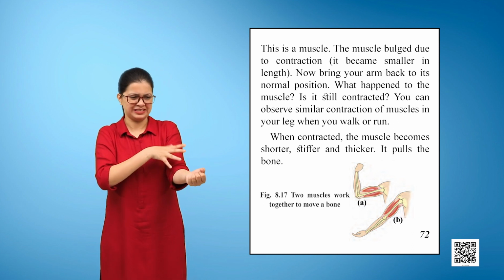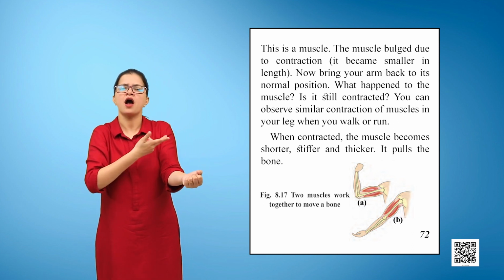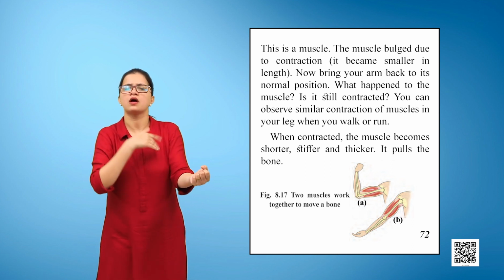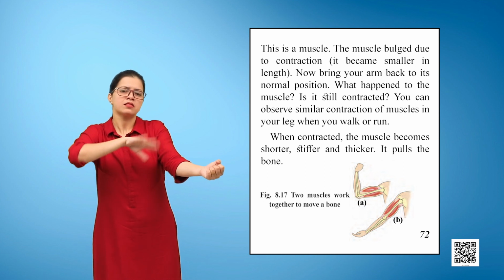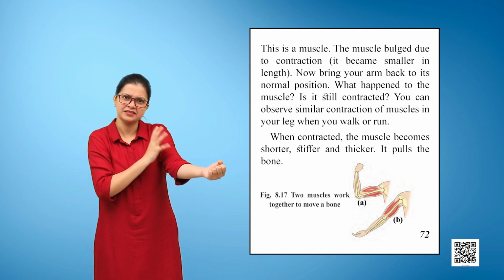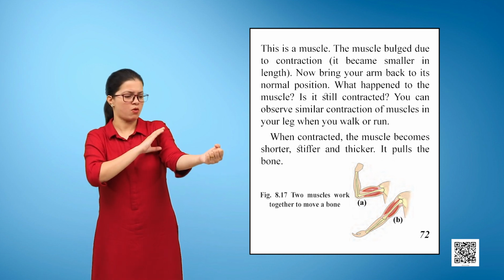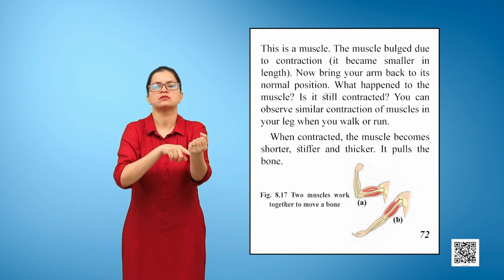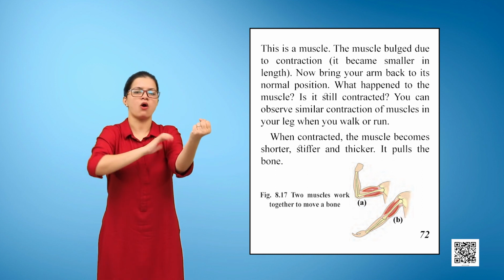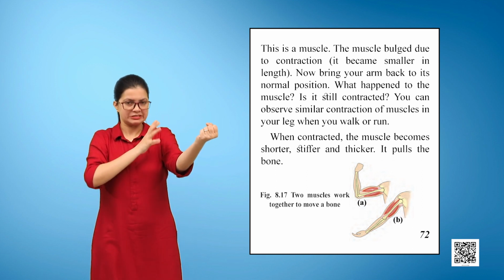When contracted, the muscle becomes shorter, stiffer, and thicker. It pulls the bone.